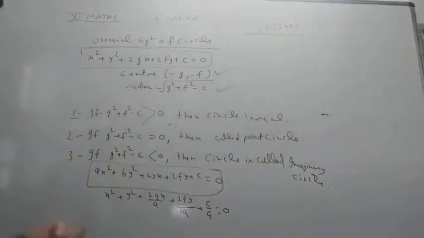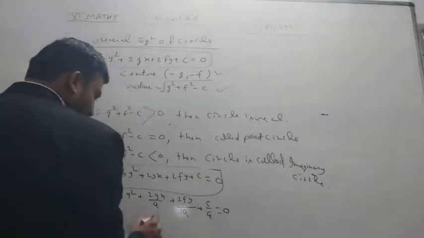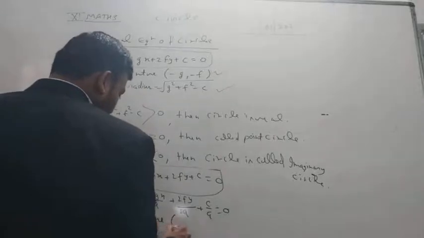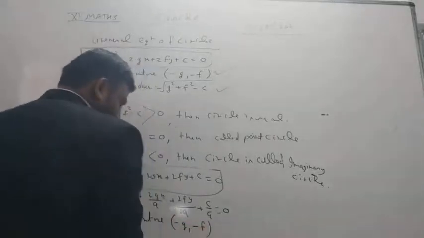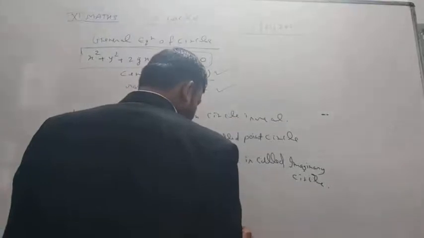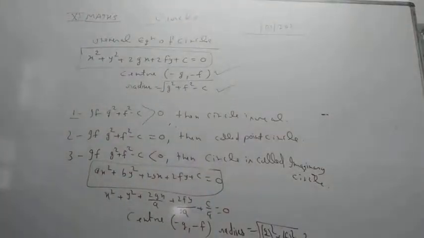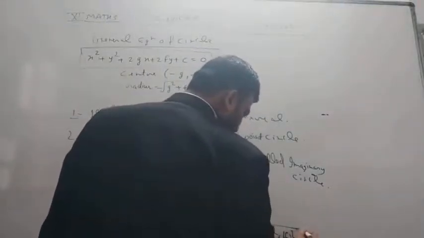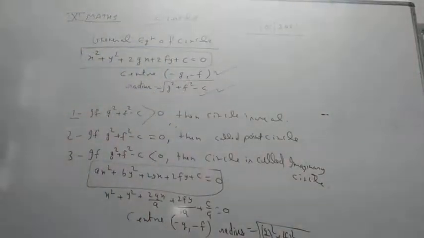Okay, and in this case our center is minus g, minus f, and our radius is under root g by a whole square plus f by a whole square minus c by a. Okay, so in this case our center and radius will be like this.